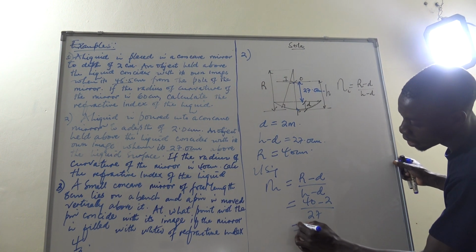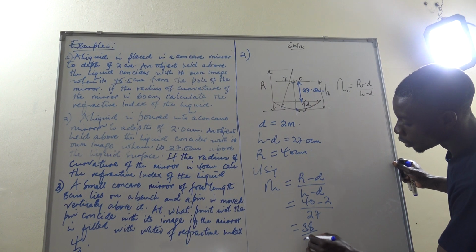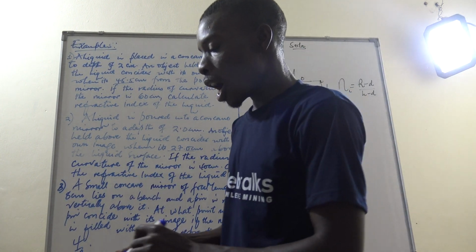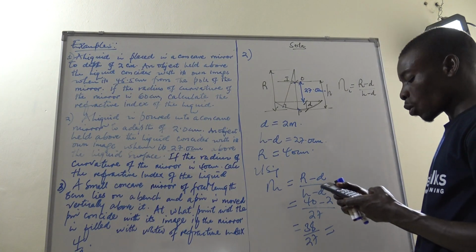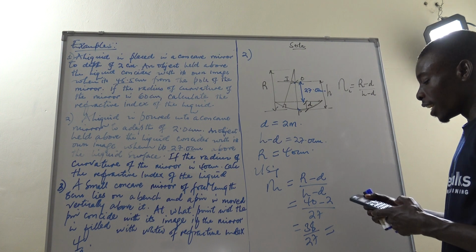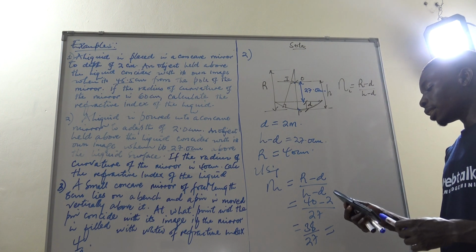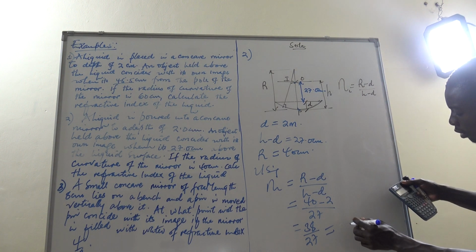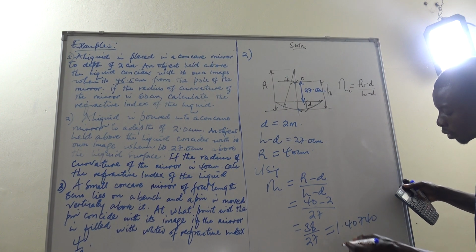So this is giving us 38 out of 27. What is the refractive index of our liquid? You can as well pick your calculator and then tell us what is trending here. My calculator here is telling me it is 1.40740. Okay?